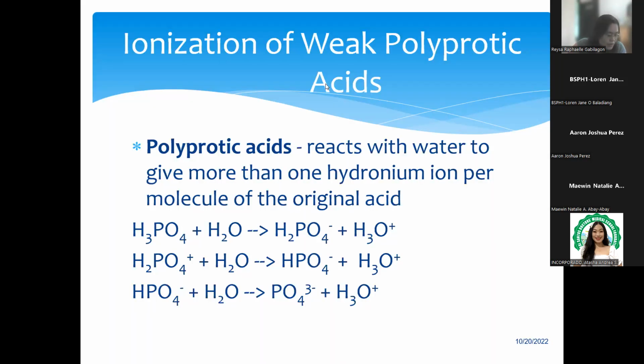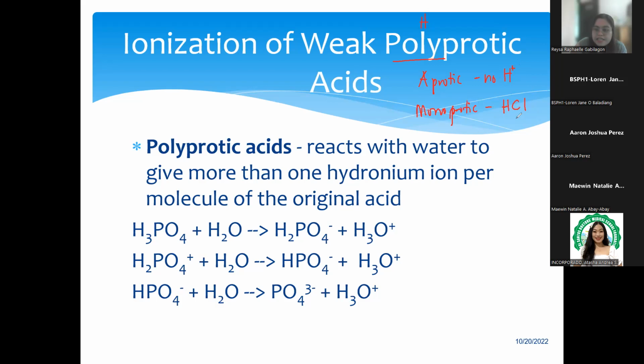So ano na lang, before we'll end, I'll discuss na lang this one, ionization of weak polyprotic acids. Pag sinabing polyprotic means marami siyang hydrogen. So pag aprotic, meaning no hydrogen. Tapos pag monoprotic, syempre, isang hydrogen. Example ng monoprotic is hydrochloric acid. Diba?